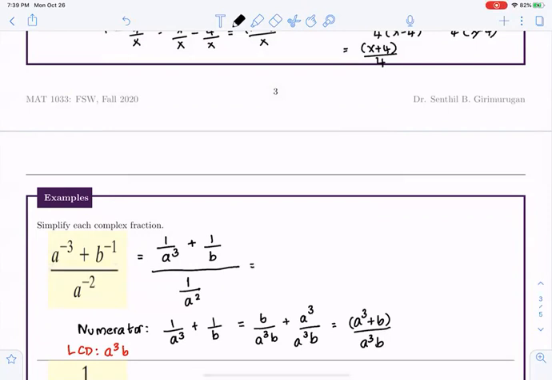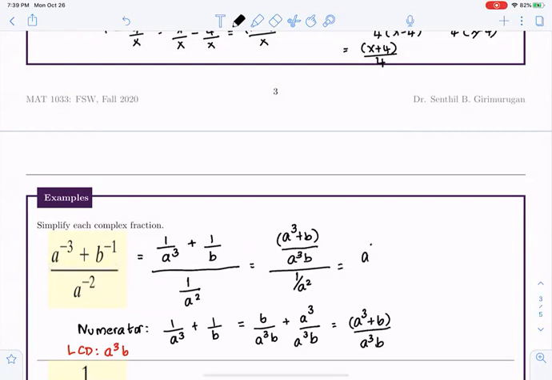Now, we rewrote the numerator and we have a cubed plus b divided by a cubed times b, and divide that by 1 over a squared. Now all we have to do is flip and multiply.